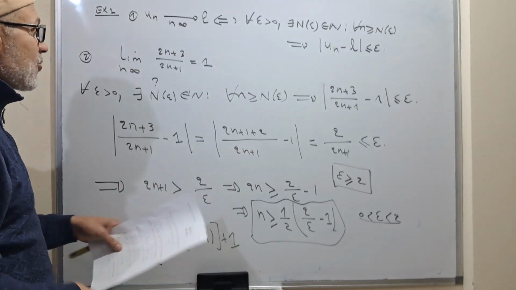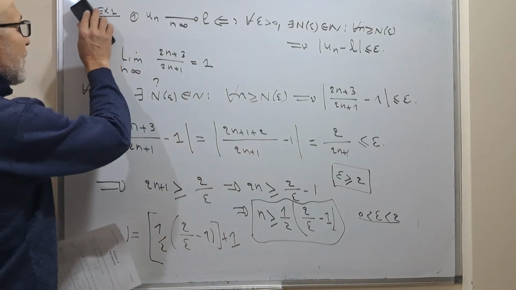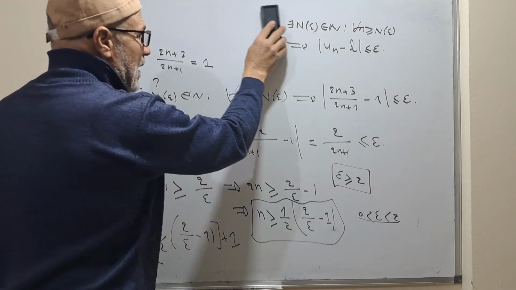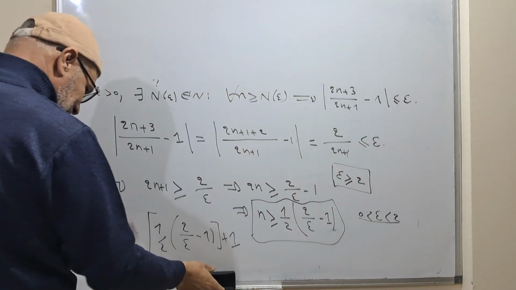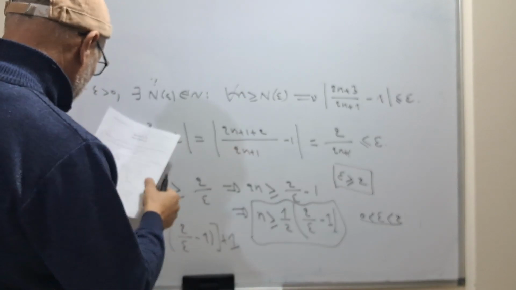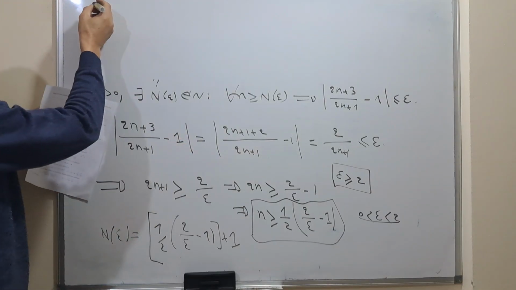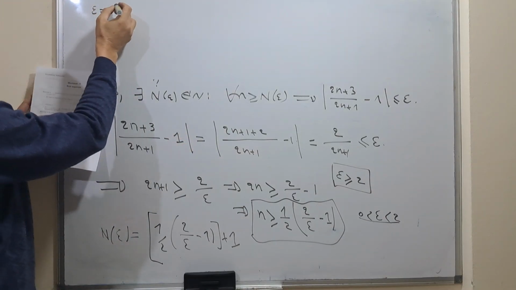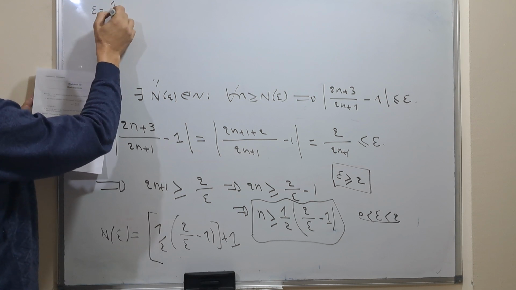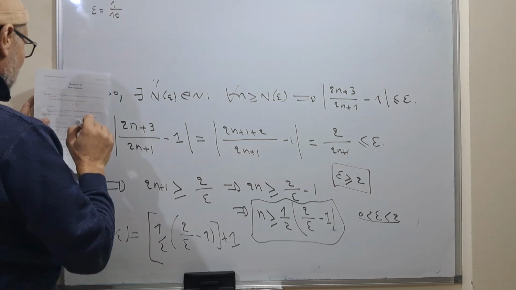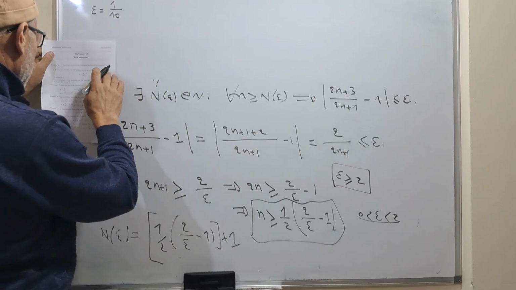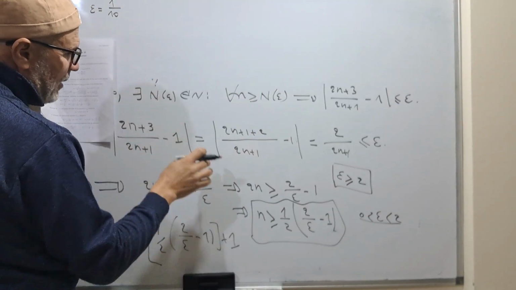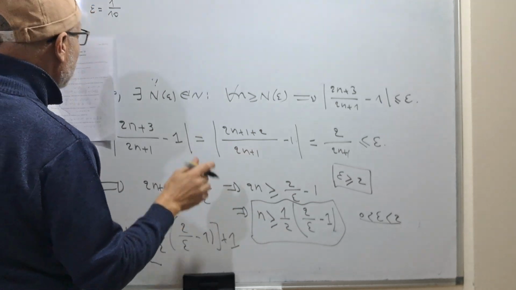The third question. They gave us a value for epsilon. For epsilon equal to 1 over 10, we need to determine the rank.